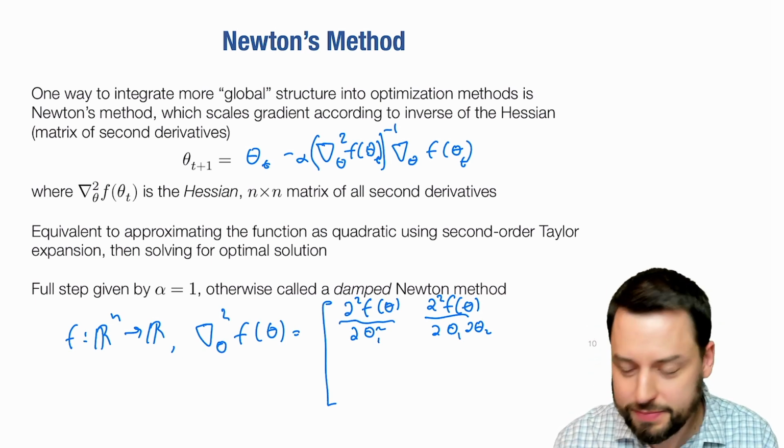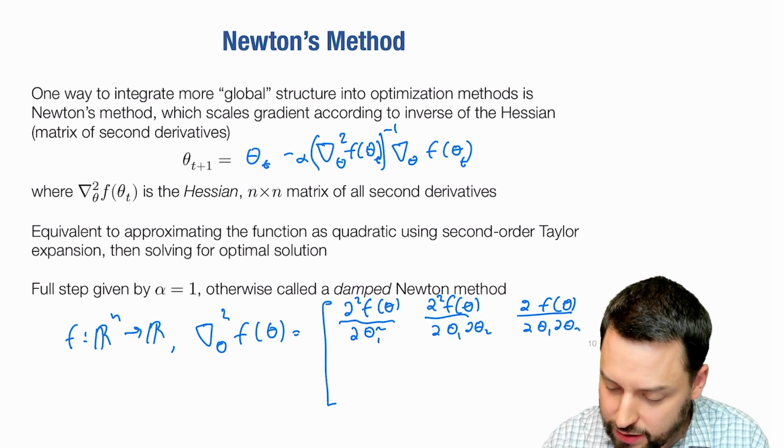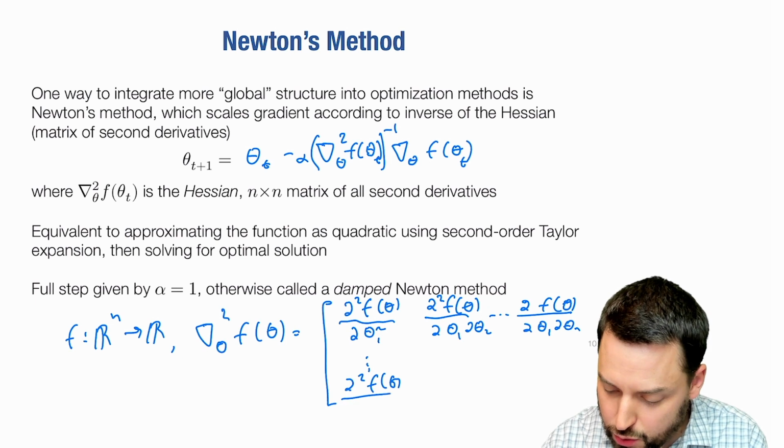Then, etc. So this next one would be, all the way up to the derivative of f theta with respect to theta 1 and theta n, and similarly down here would be the second derivative of f theta with respect to theta 1, theta n.